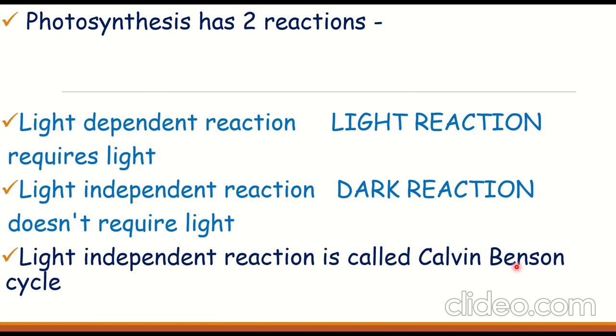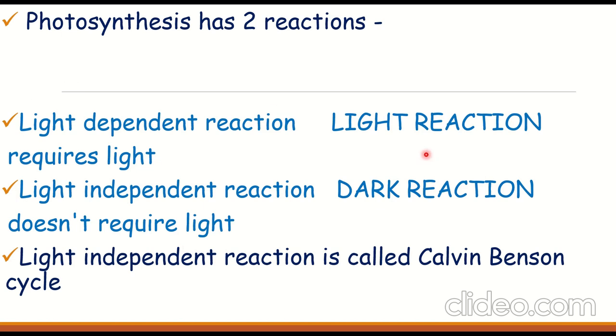So I told you that we would be going into a little deeper process of photosynthesis. Now if we see photosynthesis, it has two reactions, the light dependent reaction and the light independent reaction. The light dependent reaction, also called the light reaction, requires light. The light independent reaction or the dark reaction does not require light. The dark reaction is also called the Calvin-Benson cycle because it was discovered by two scientists.